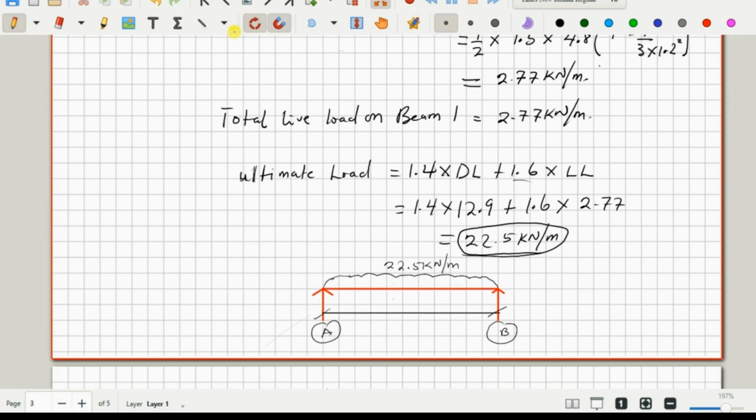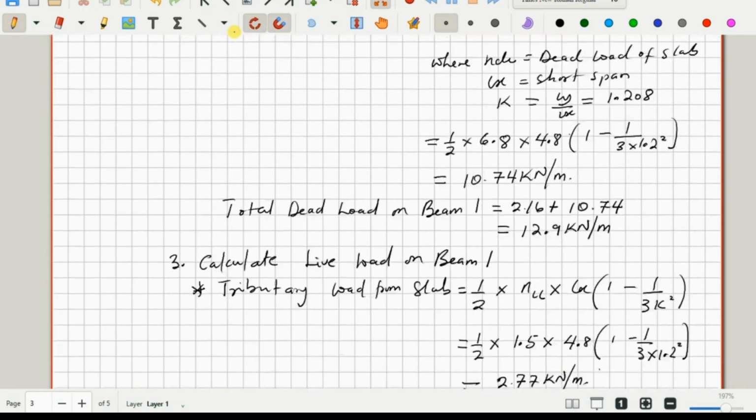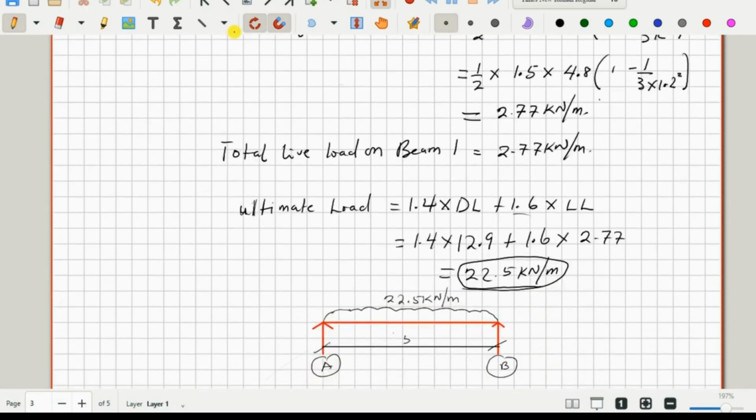Let me go back to our sketch. So that is 5.8 meters.